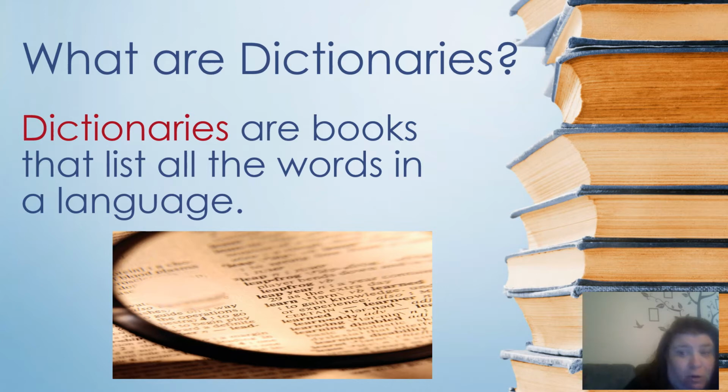I don't think twerk would be in the dictionary 10 years ago. So text probably wasn't in the dictionary 20 years ago. So dictionaries are updated based on the words that are being used at the time in a culture and a language.